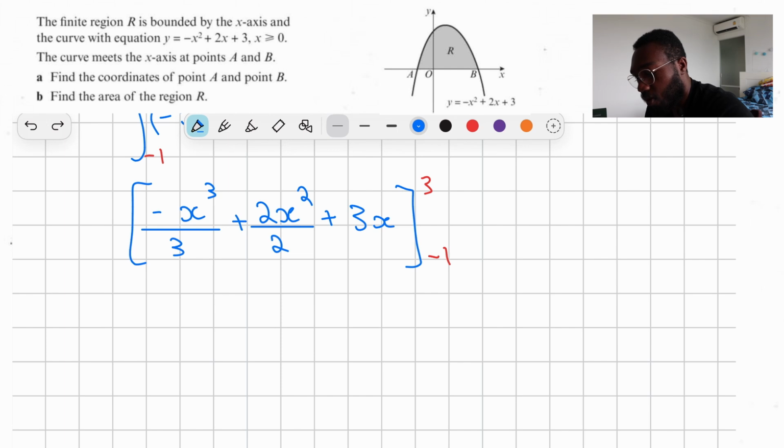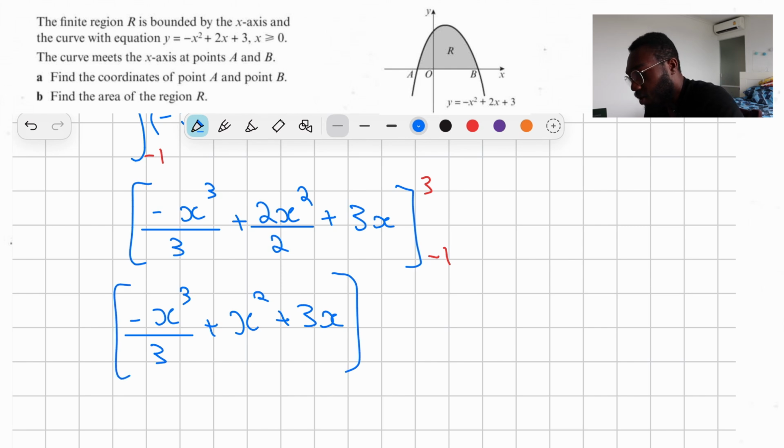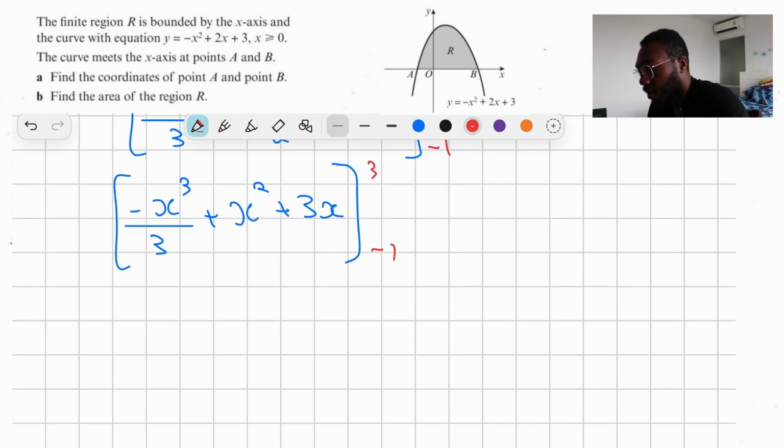Now if I simplify this down quickly, we get minus x to the power 3 over 3 plus x squared plus 3x. And now we are going to put in our limits of 3 and minus 1. So if we do that now, what do we get?